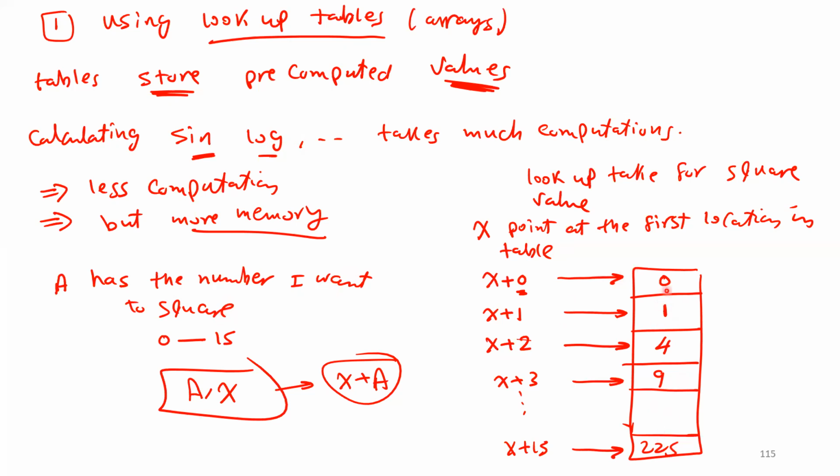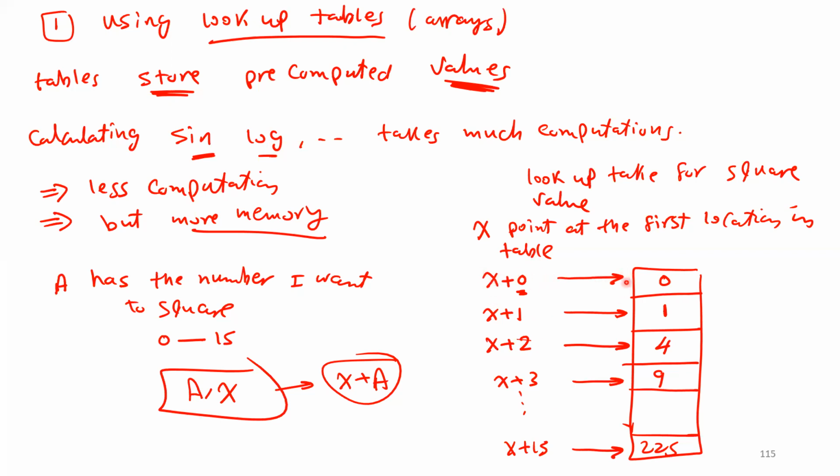Look here, guys. This is an array. I'm going to assume X is pointing at the first location in the array. Again, don't be confused: table here means array, it's the same thing. As we usually do, I need a pointer this way.